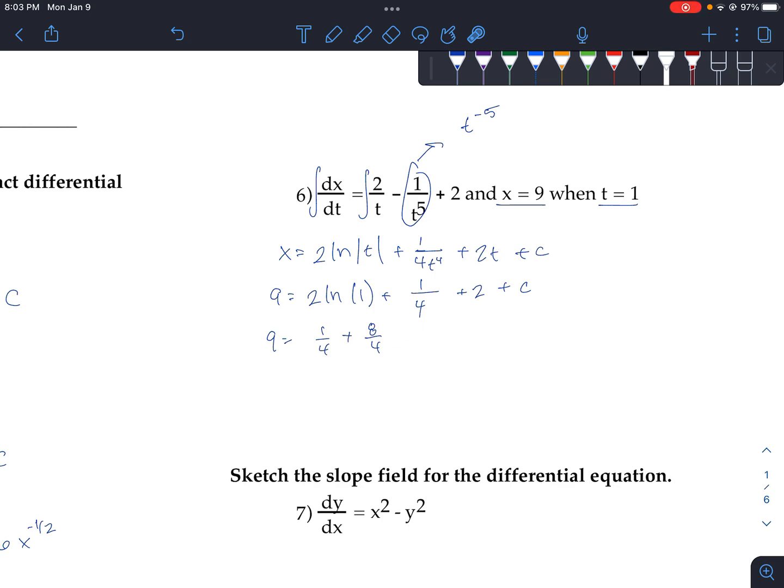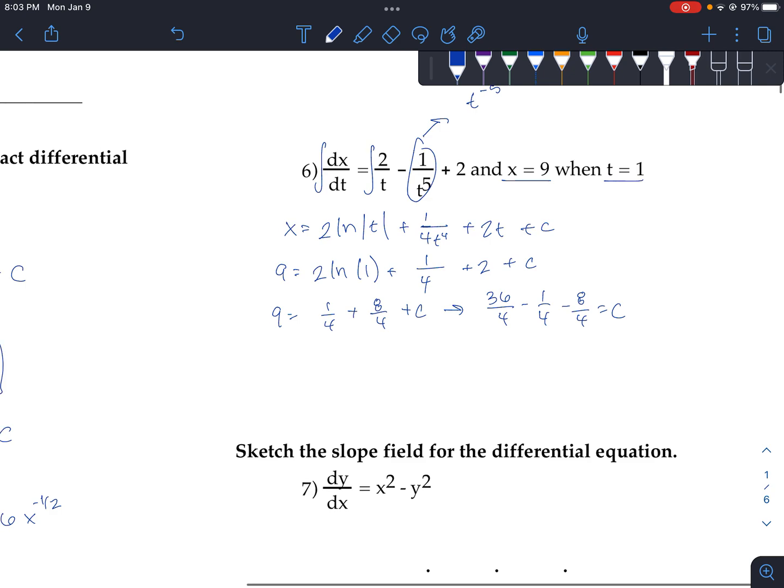So plus c. I'm going to write 9 as over 4, that's the same thing as 36 over 4. And I'm going to subtract the 1/4, and I'm going to subtract the 8/4. That's going to be equal to c. And 36 minus 9 is going to be 27. So c will be equal to 27 over 4.